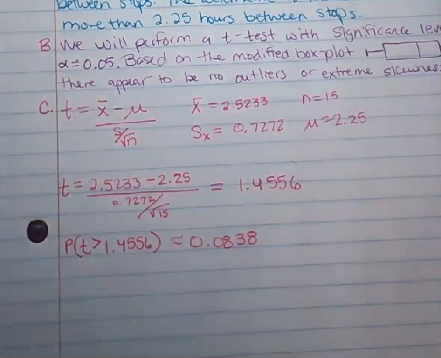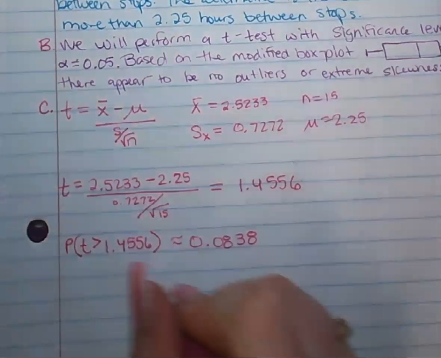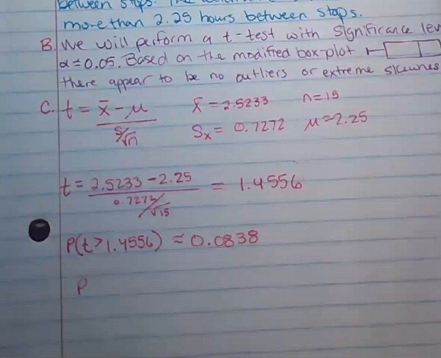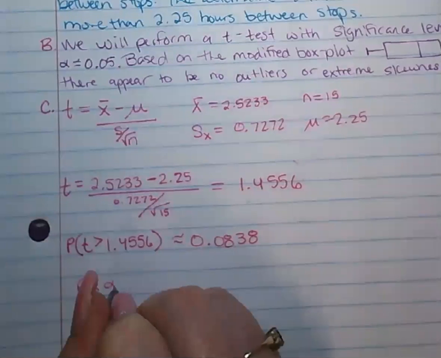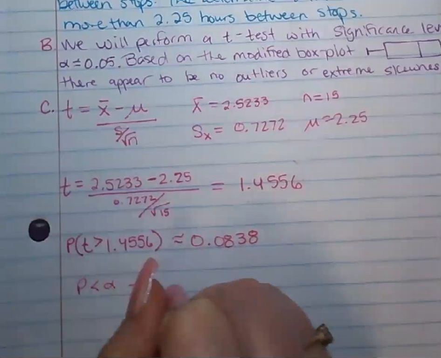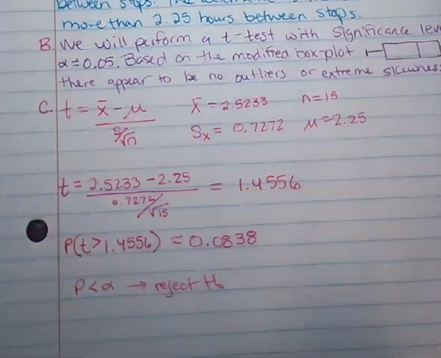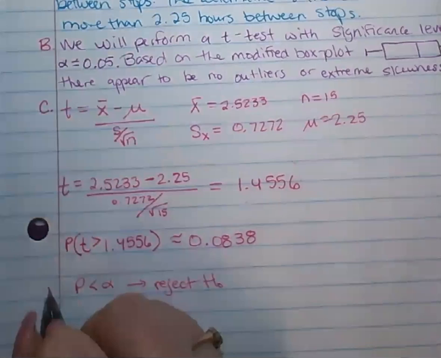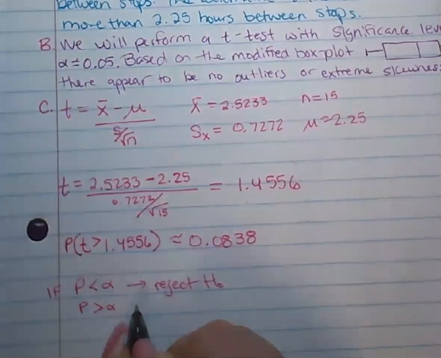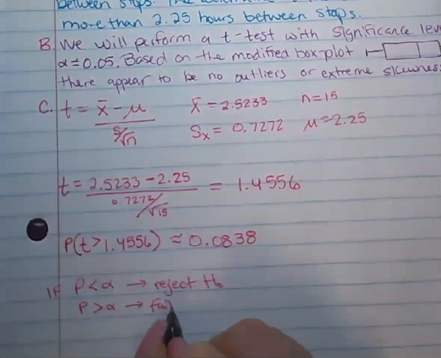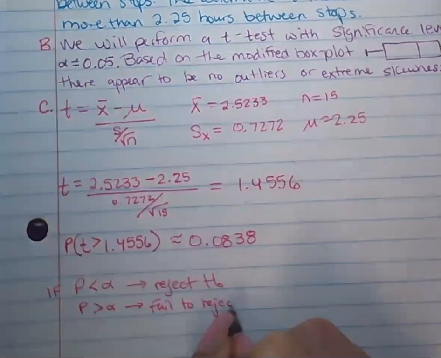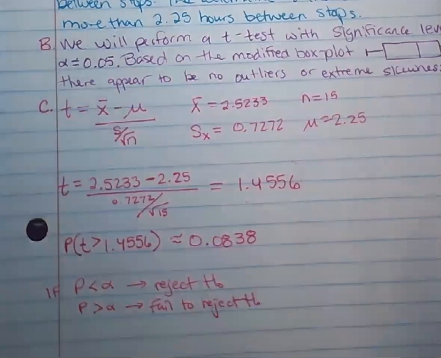And now I can compare that to alpha. Remember, if our p-value is less than alpha, then we reject our H sub naught. If our p-value is greater than alpha, then we fail to reject H sub naught. Those are our only two possible conclusions.